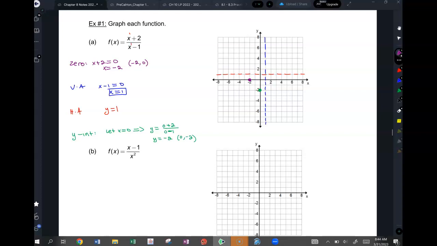All you really need is one point. So right here, we found this zero is over here, right? So I know that on this left-hand side, it's going to follow the horizontal asymptote. Then it's going to come down and follow the vertical asymptote here, right?